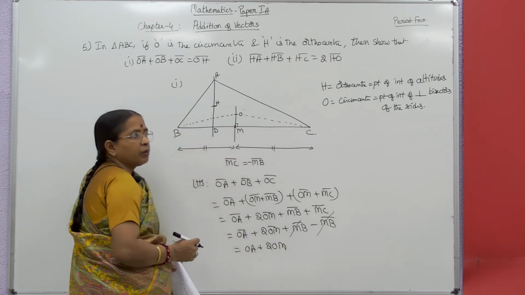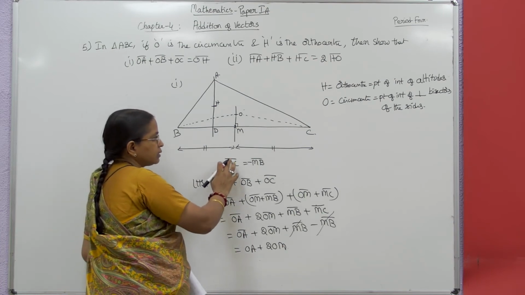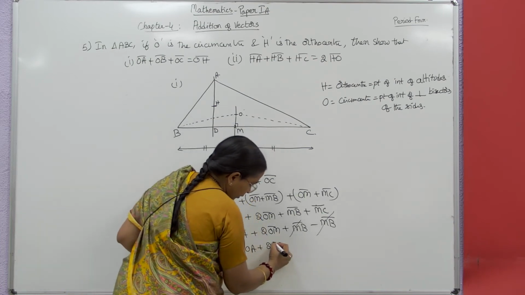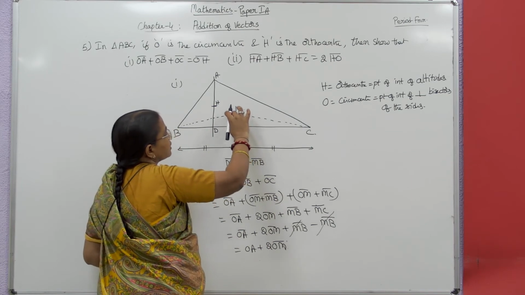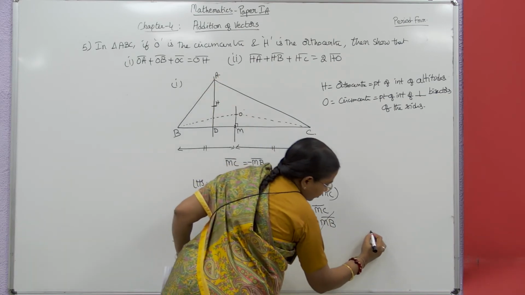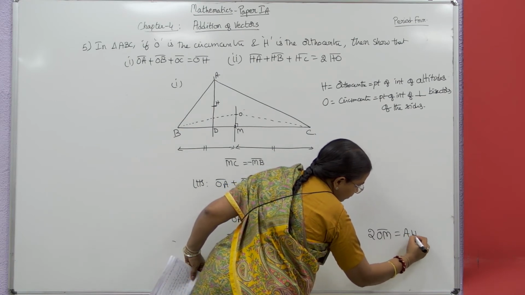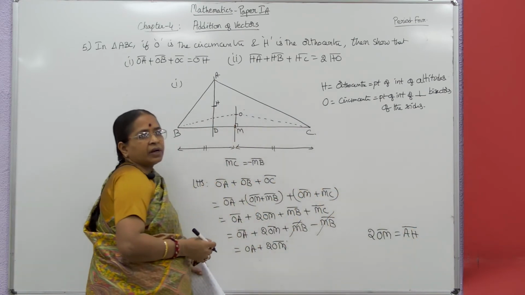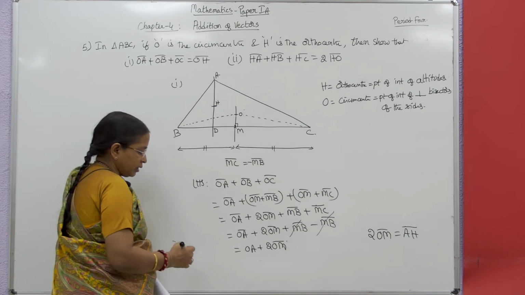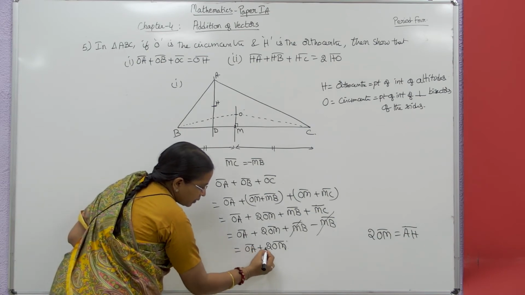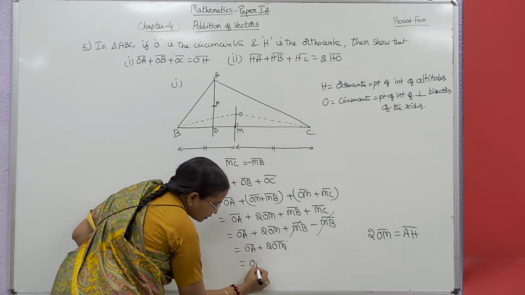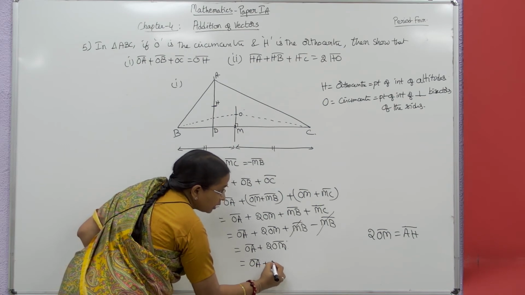Now we have one property from triangles that 2 times OM is nothing but AH. This is from properties of triangles in geometry, which you must have learned. So OA plus 2 times OM we write as OA plus AH.